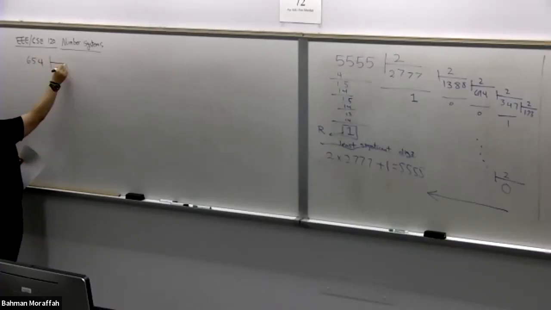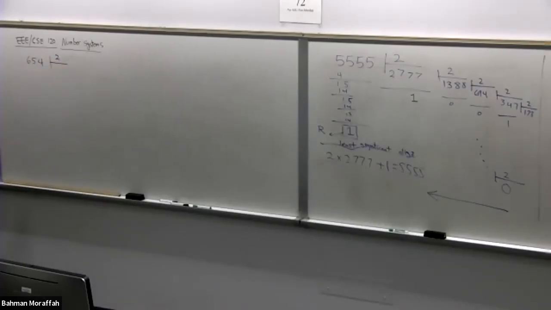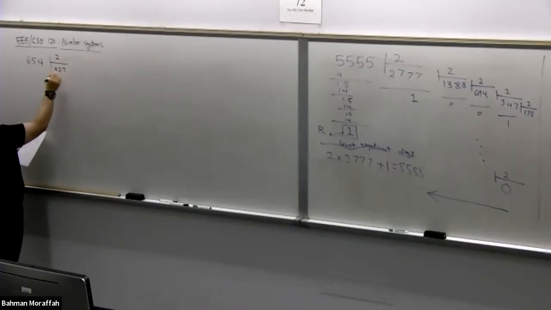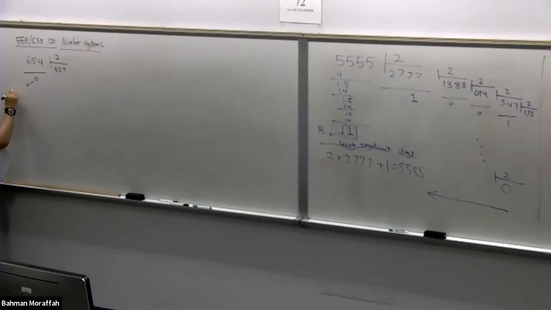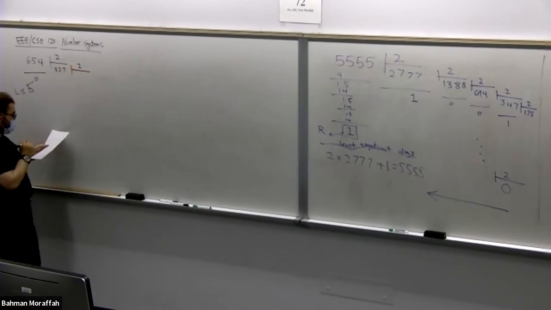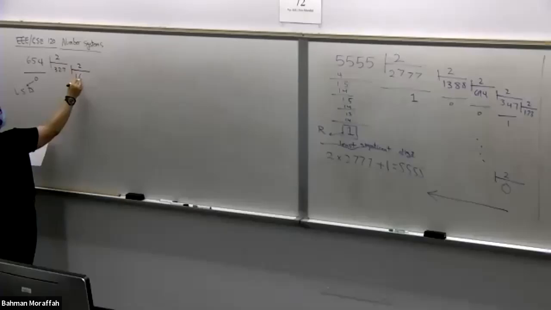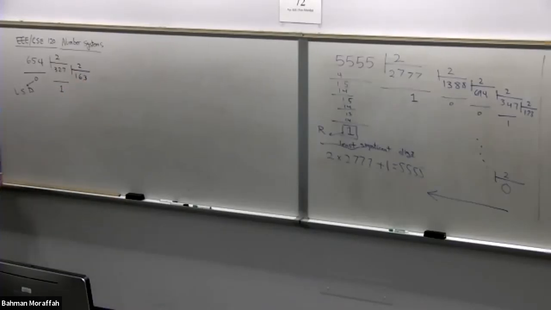I need to keep dividing by 2. If I divide it by 2, that's 327, and the remainder is 0. Again, this is the least significant digit, right? This number is bigger than 2, so I keep dividing. Divided by 2, I have 163, and the remainder is 1.